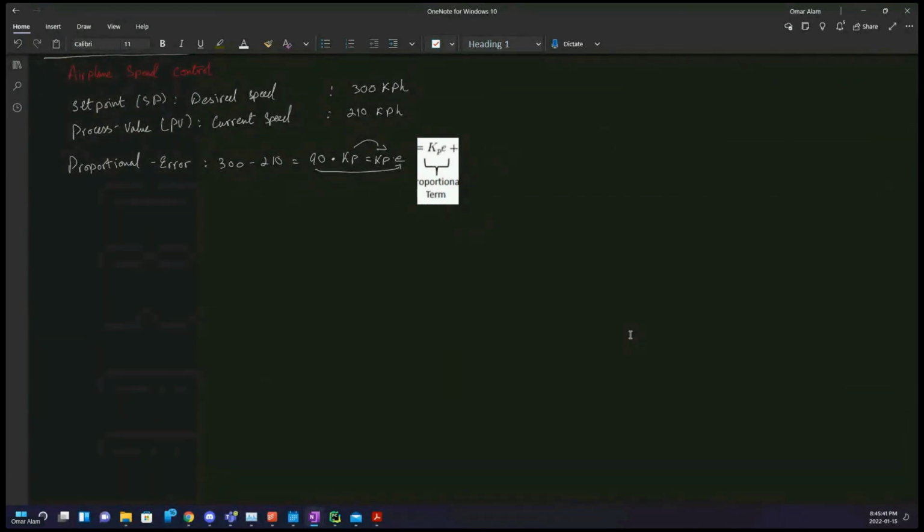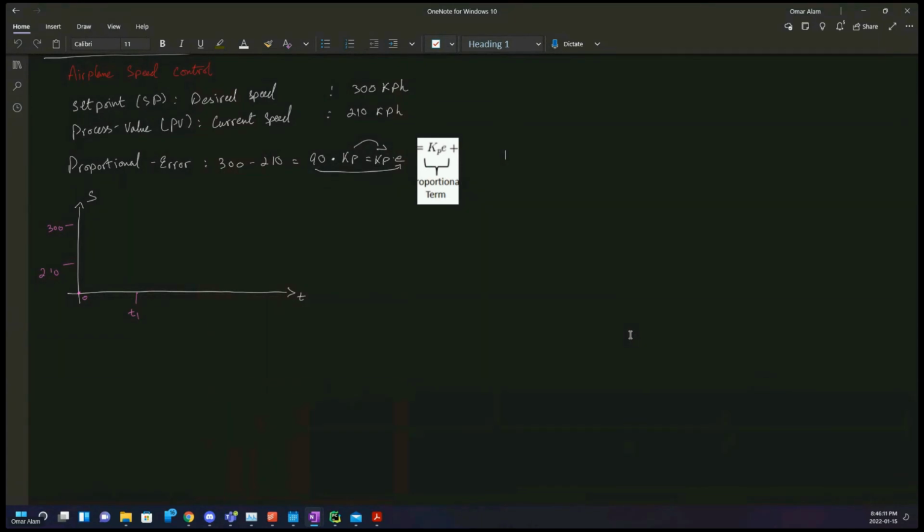So you would have a 2D graph where the x-axis is time, and your y-axis would be speed, right? And we are going to say that this value over here is 210, and this is 300. So this is time 0, and down here would be time t1.